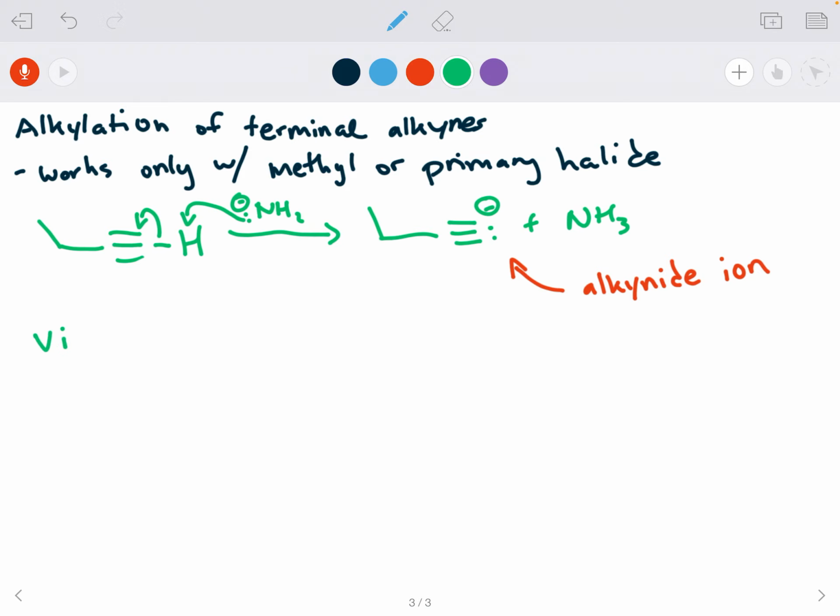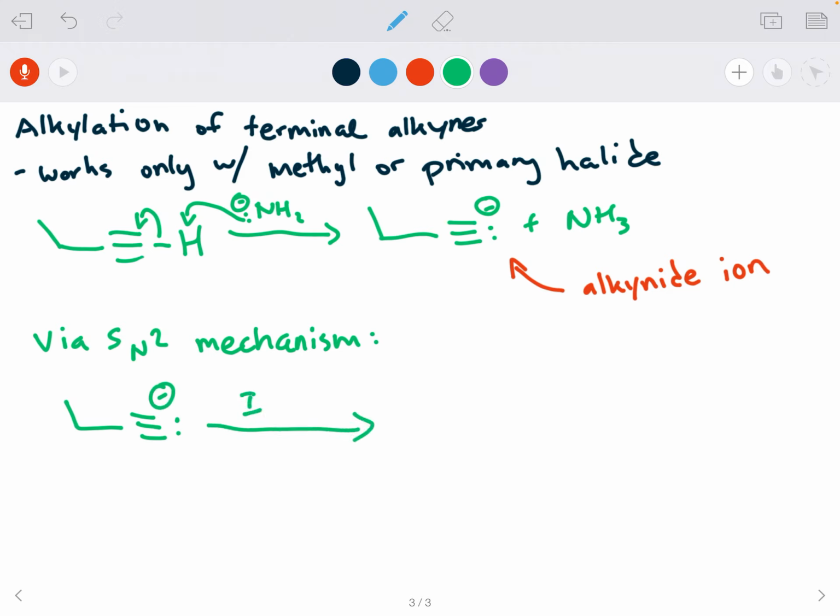So now, via the SN2 mechanism, we'll react. I'm just going to put in here ethyl iodide. Kick off the iodide.